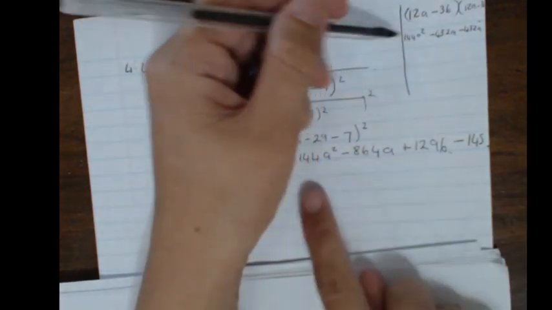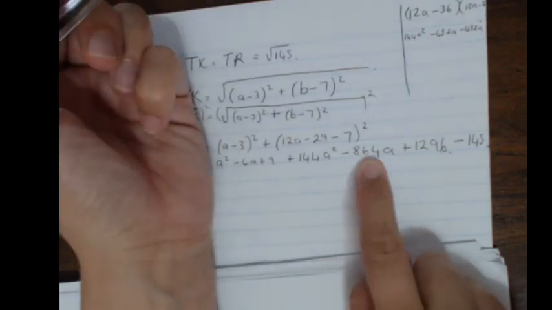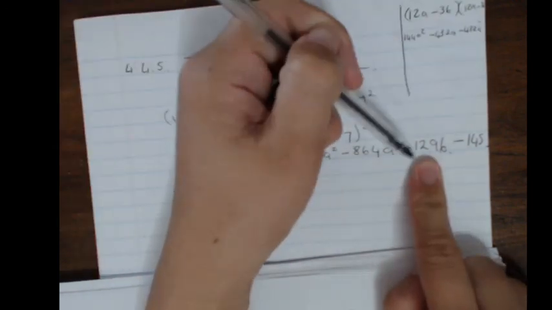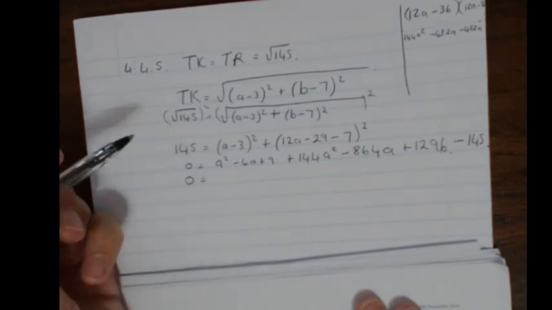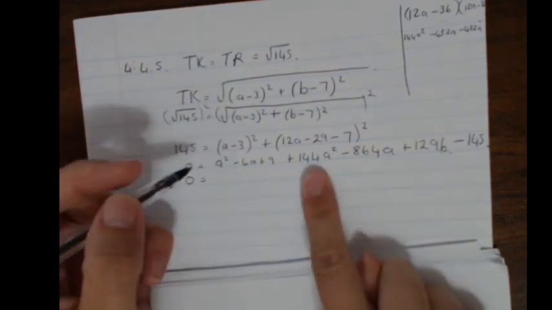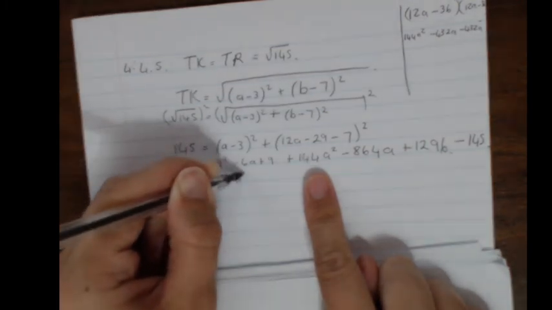Okay, all right. So a squared: 144 plus that 1 is 145a squared.